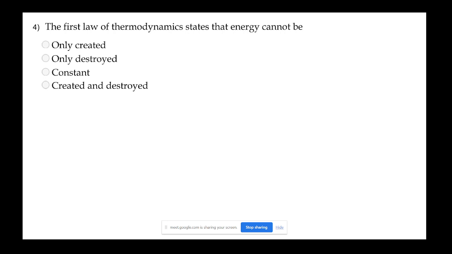The first law of thermodynamics states that energy can neither be created nor be destroyed. This was already discussed in the previous lectures.